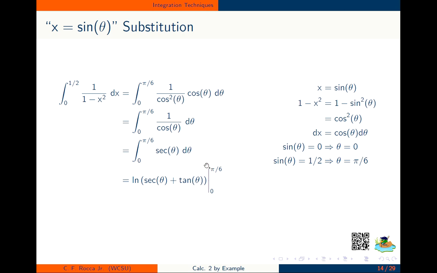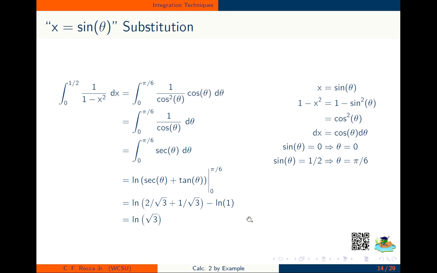And then evaluating the definite integral between 0 and pi over 6, we get that this will be the natural log of 2 over root 3 plus 1 over root 3, minus the natural log of 1. But the natural log of 1 is 0, and the input here simplifies to root 3. And so the answer is the natural log of root 3.